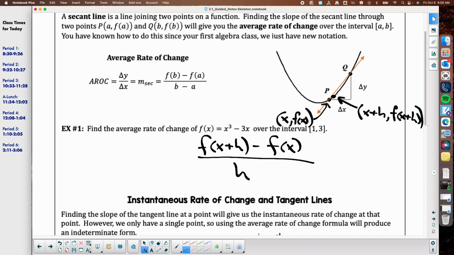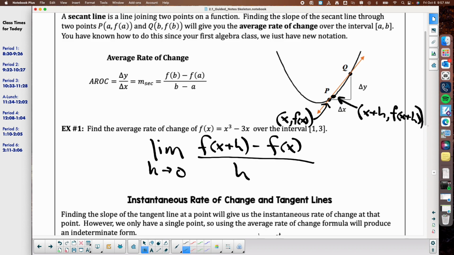And then since we're smart and we learned how to find answers where there aren't answers, we do that to it. And we say the limit of this as the distance between them is nothing. So we're going to find the slope between 2 points that are directly on top of each other. And then this is the calc version of slope.